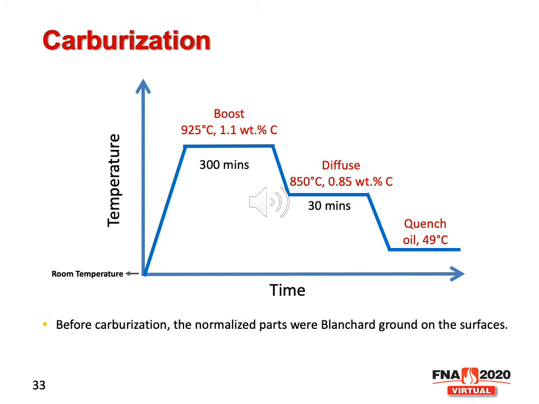In the diffusion stage, the carburizing is at 850 degrees Celsius with 0.85 weight percent carbon potential for 30 minutes. After carburization, the samples were quenched in agitated 49 degree Celsius oil.